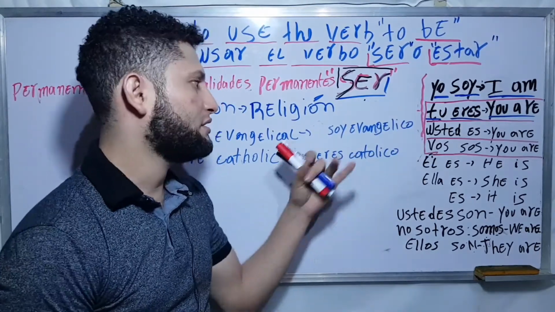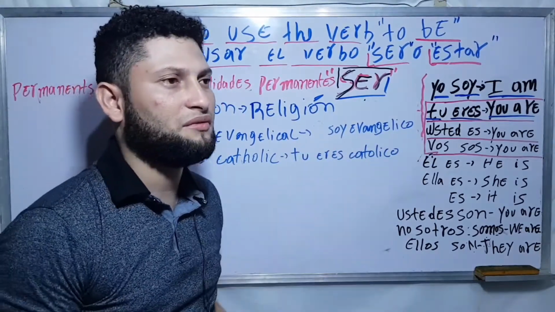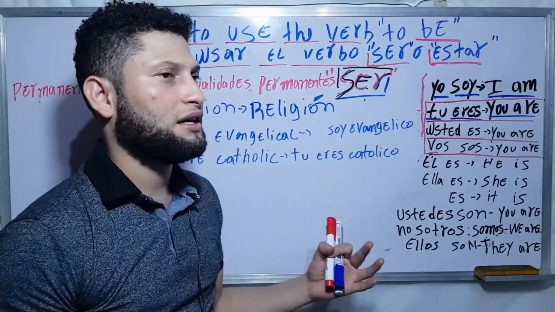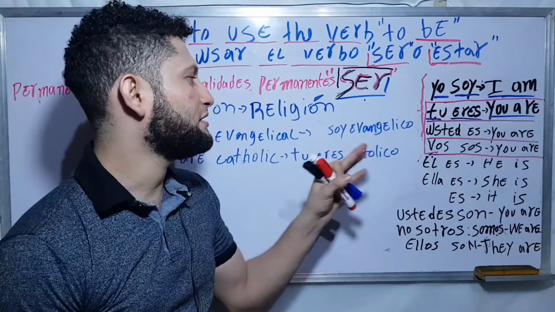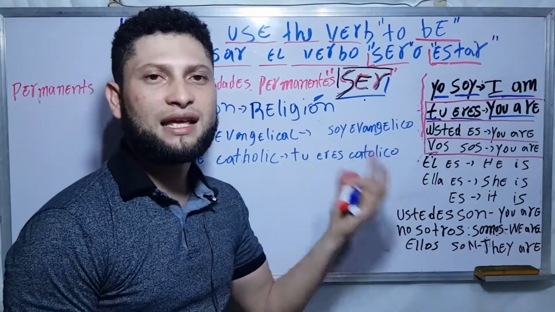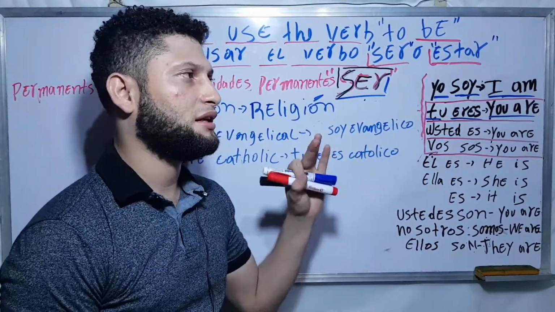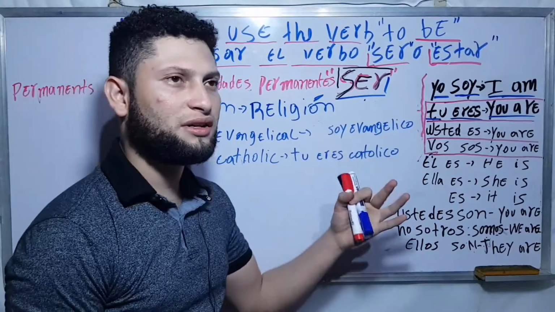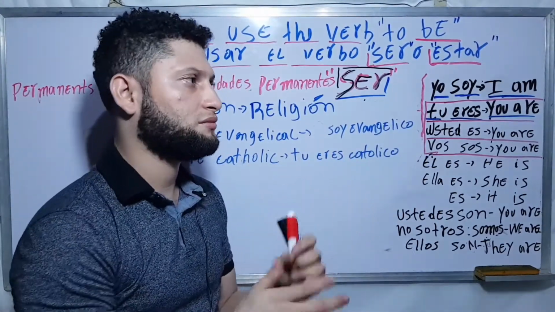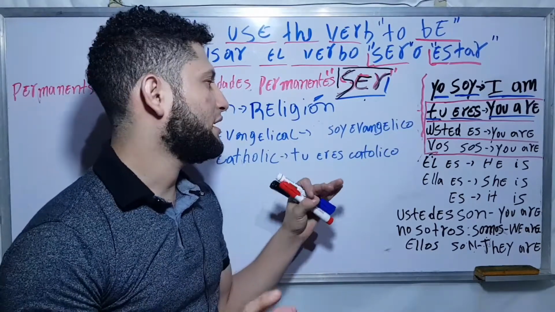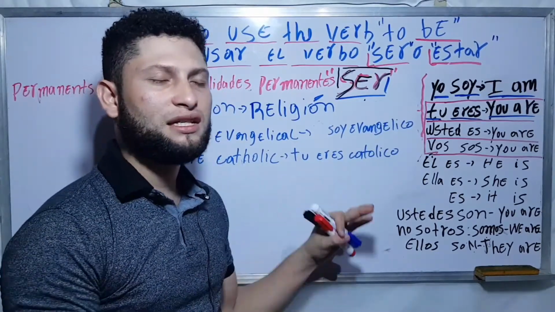You are something, for example, in fact, with the other ones, like I am intelligent, I can say just soy inteligente. I omit the subject pronoun. In English, it is I, and I say just I am intelligent. Soy inteligente.